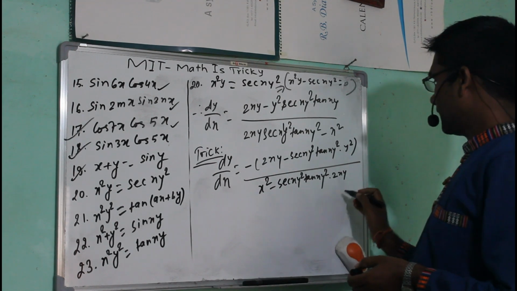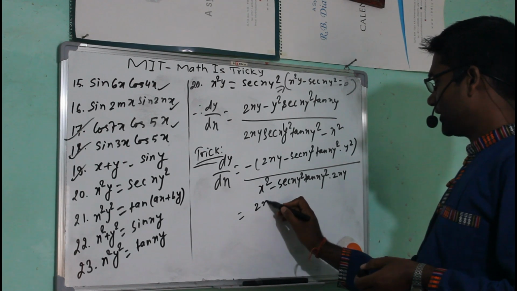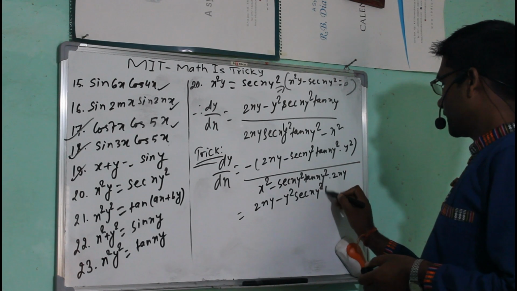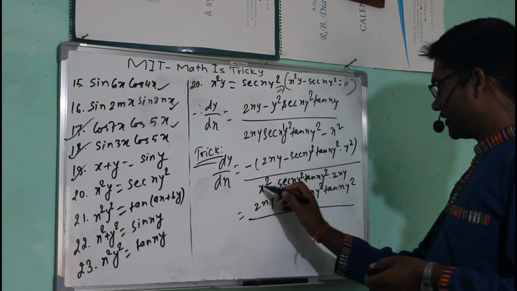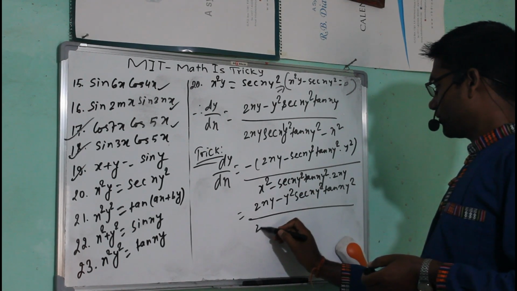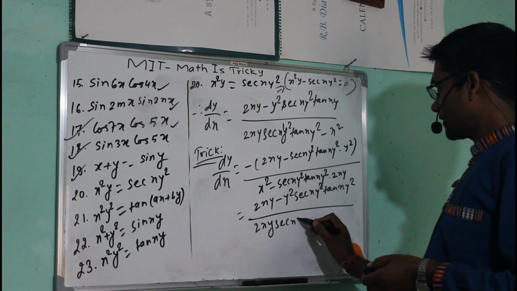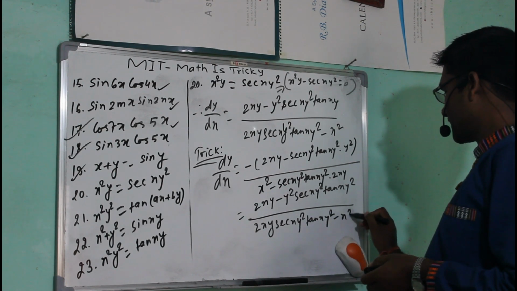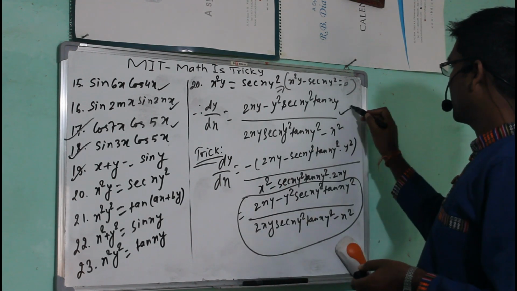Now if we multiply with minus, it will be 2xy minus y square sec xy square tan xy square, and just multiply this minus in the denominator, so it will be simply 2xy sec xy square tan xy square minus x square. See here, the same answer we are getting.